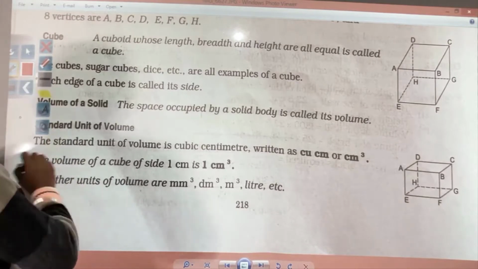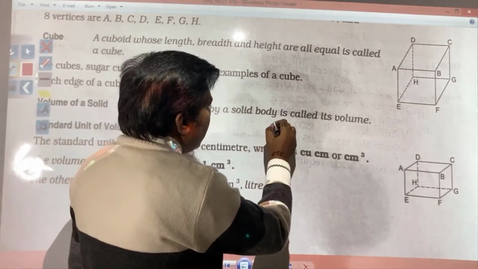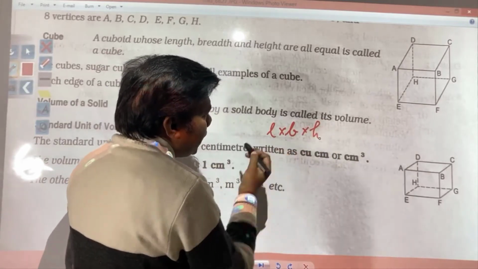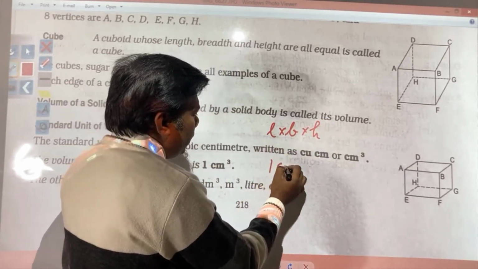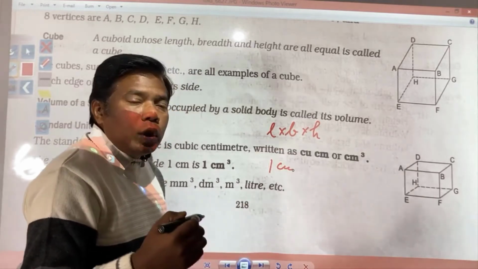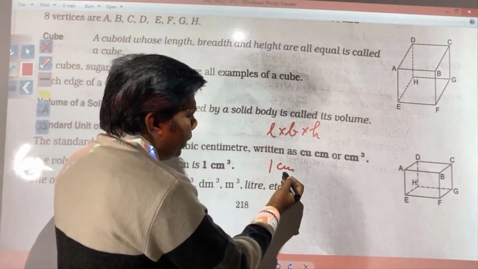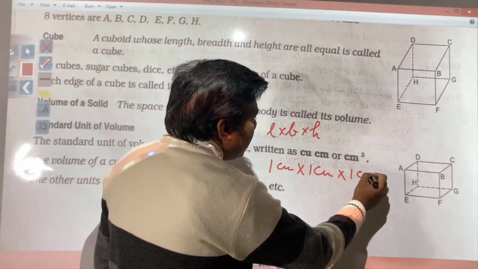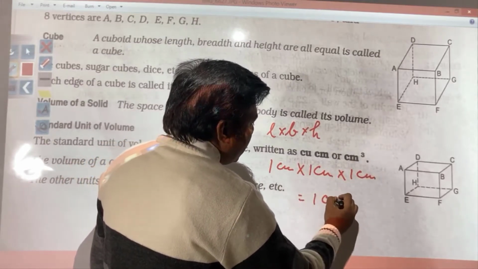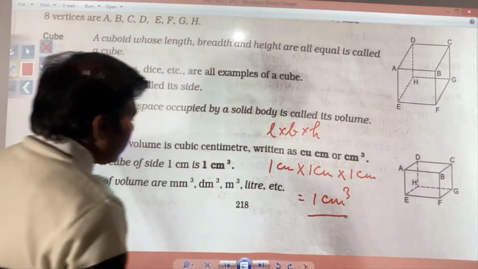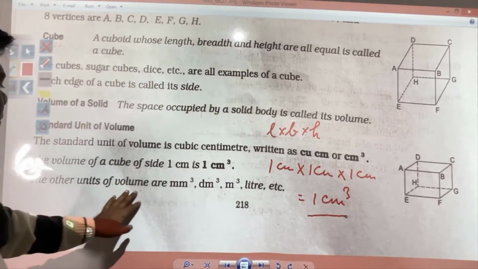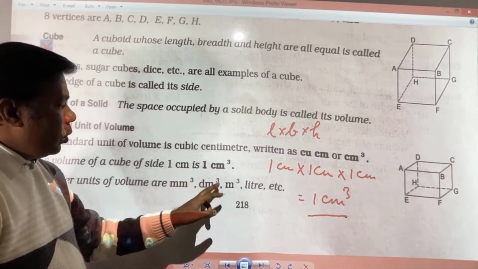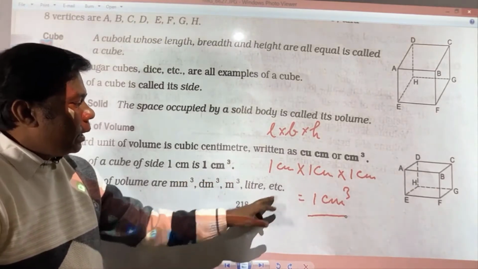So volume of a cube is what? L into B into H. So suppose one side is 1 centimeter. Then volume of cube, because all will be equal, 1 centimeter into 1 centimeter into 1 centimeter, and that will be 1 centimeter cube. The other units of volume are millimeter cube, decimeter cube, meter cube, liter, etc.